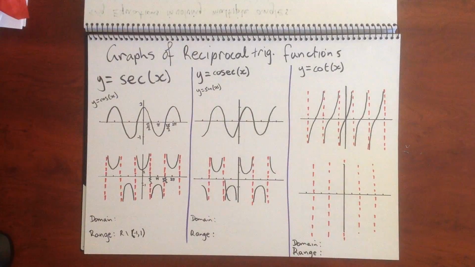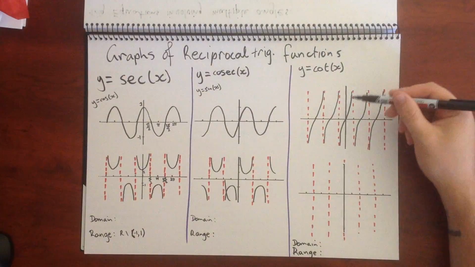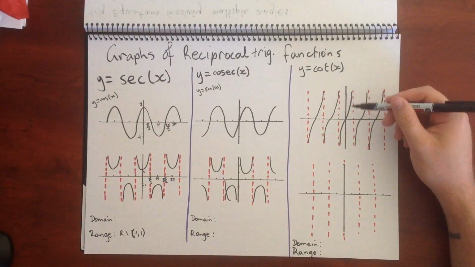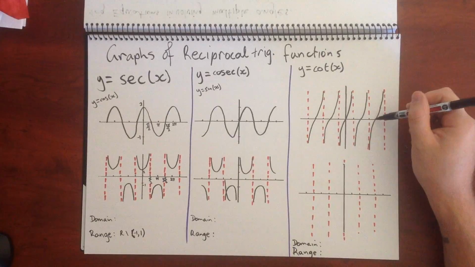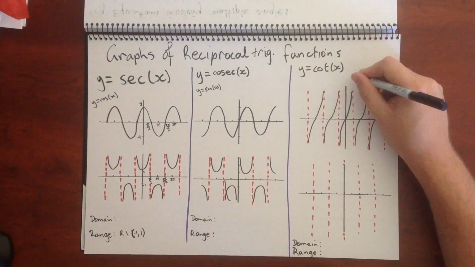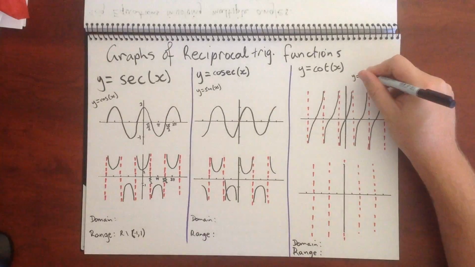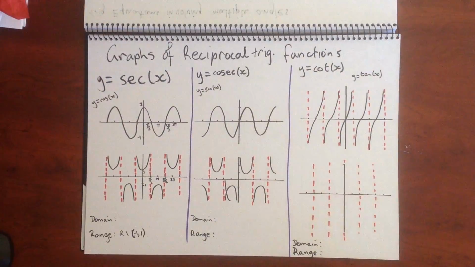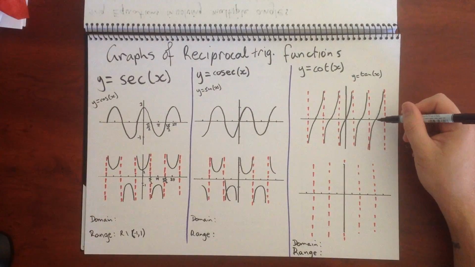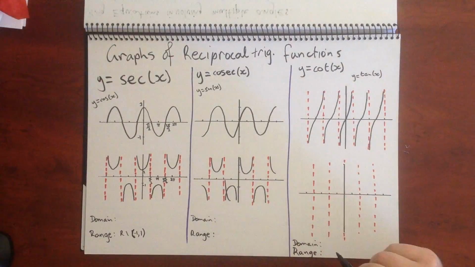Now cot is a little bit different, this one. It's not quite as intuitive to see how you would get to it. Here we have y equals tan of x, because cot is 1 over tan. So again, wherever we've got an x-intercept, we've got to have an asymptote.